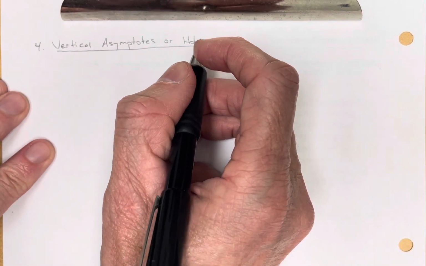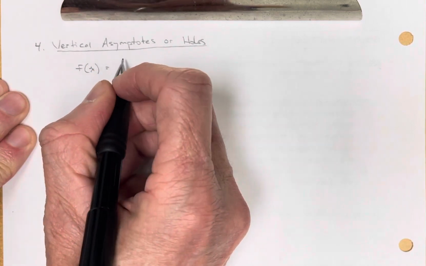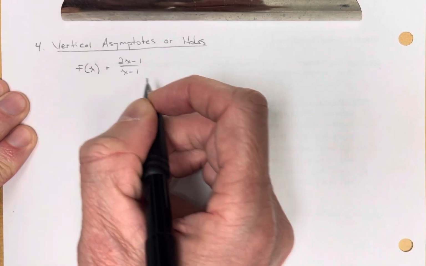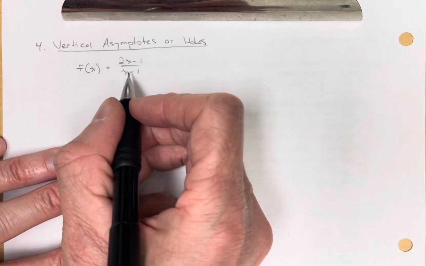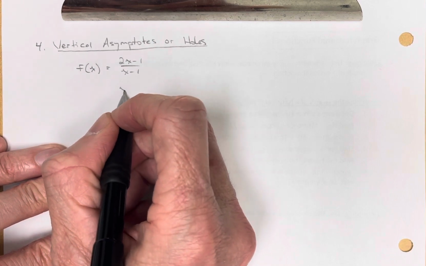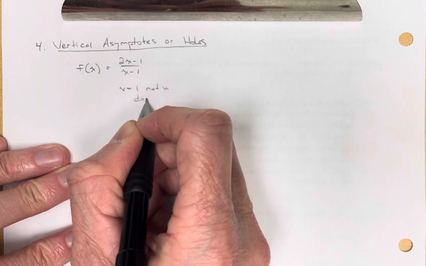Here is our function, f of x equals 2x minus 1 over x minus 1. Notice we have something going on at x equals 1, which is not in the domain.